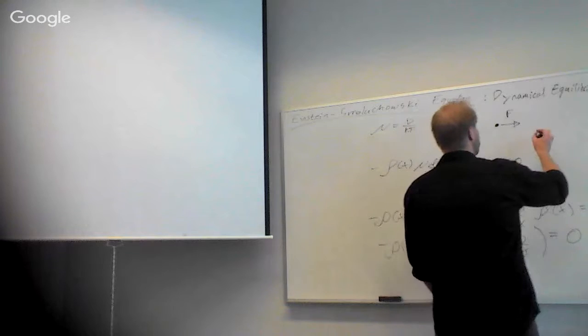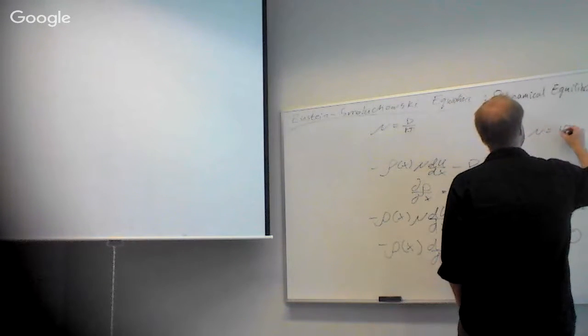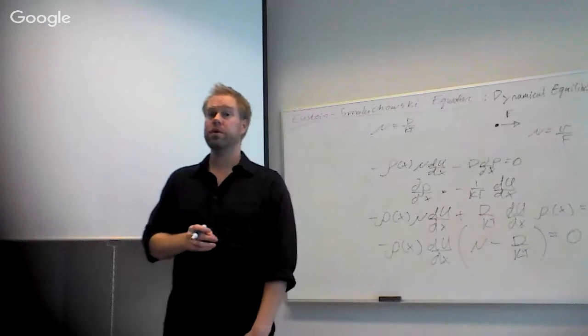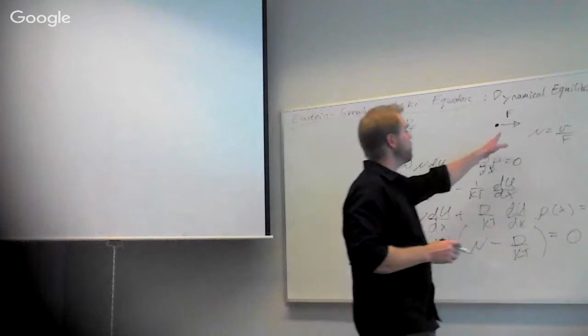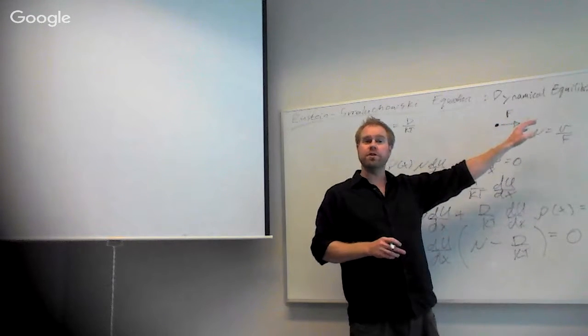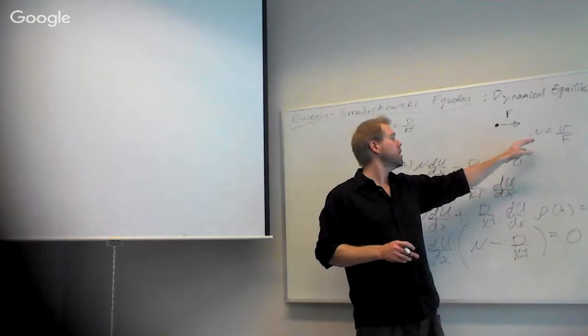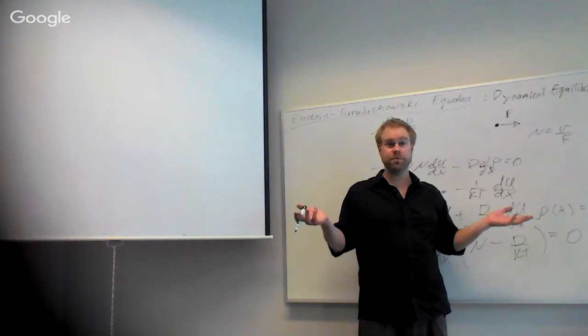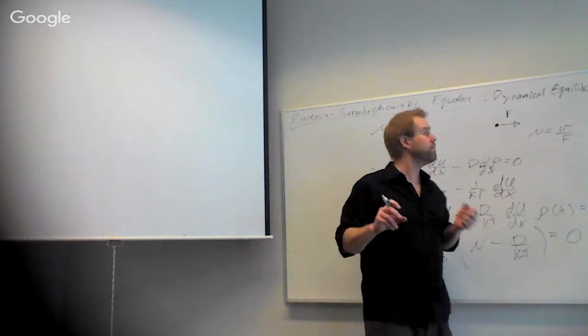And we said our mobility is just that terminal velocity over our force F. You have a particle in your system, you apply an external force to it, it starts moving, it reaches terminal velocity. Your mobility is just that velocity over the force. Cool? That's the left-hand side of this equation.